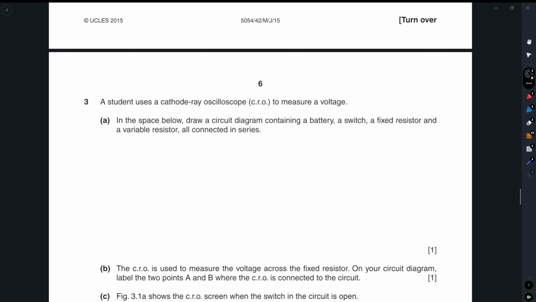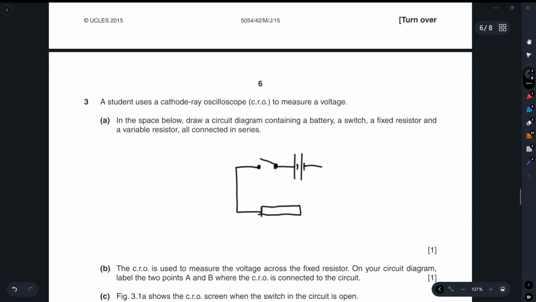Space below, draw a diagram containing battery, switch, fixed resistor and a variable resistor all connected in series. So a battery, एक सेल बनाना काफ़ी नहीं होगा. पॉजिटिव पे आपका स्विच होगा. सही है जी. And then all connected in a series.